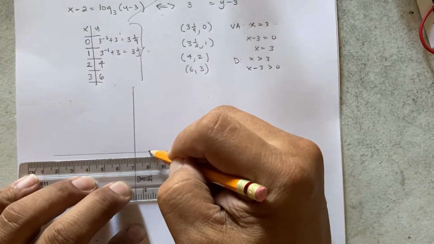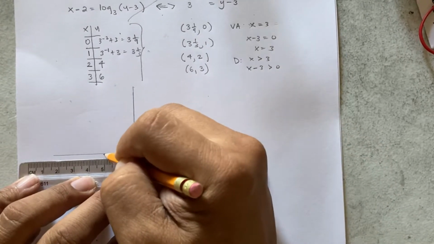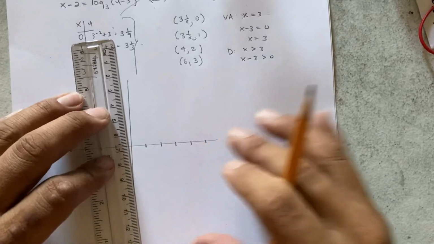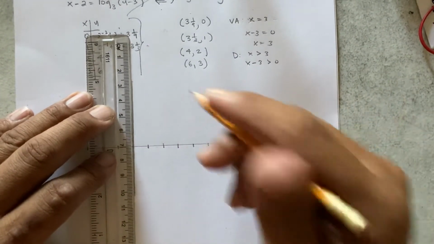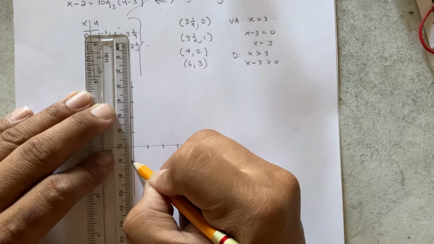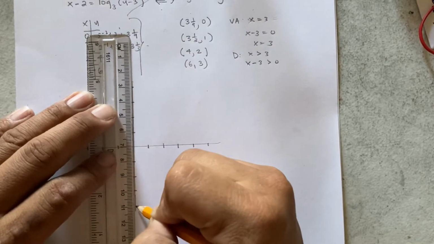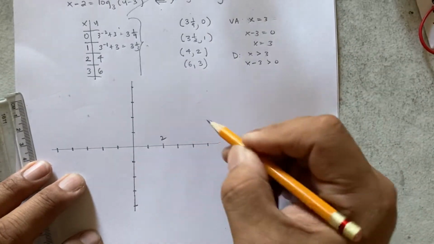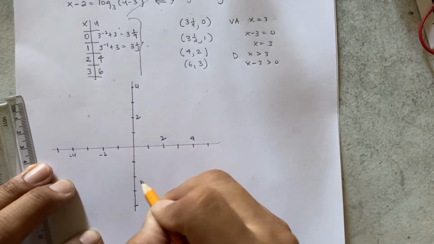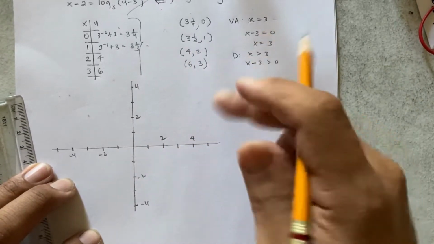We're going to have 1, 2, 3, 4, 5 on one axis, and 1, 2, 3, 4 and 1, 2, 3 on the other. Okay, so let's start graphing now. So this is label the axis, x-axis, y-axis, and label the points. I'm going to first use the vertical asymptote at 3.